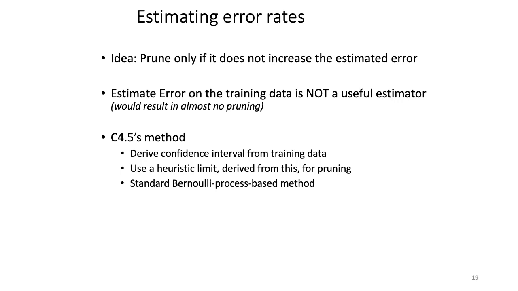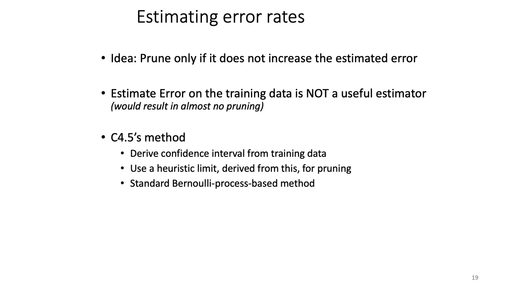So coming to the question of when to decide whether or not to prune the decision tree, what the C4.5 algorithm does is to try to estimate the error if pruned versus if not. So if the error after pruning remains the same or decreases, then the algorithm decides to prune that subtree, because if the error remains the same, then that subtree did not really bring us much added value.